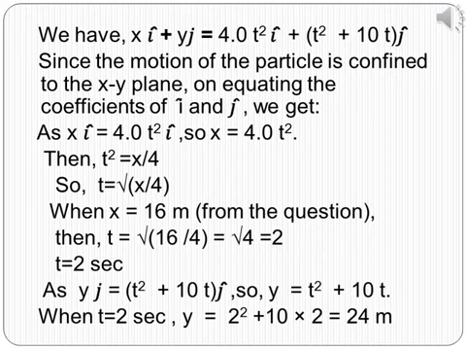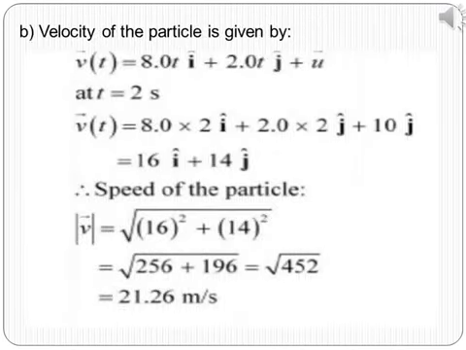So its magnitude is y equal to t square plus 10t. When t is equal to 2 seconds, y is equal to 2 square plus 10 into 2, which is 24 meter.